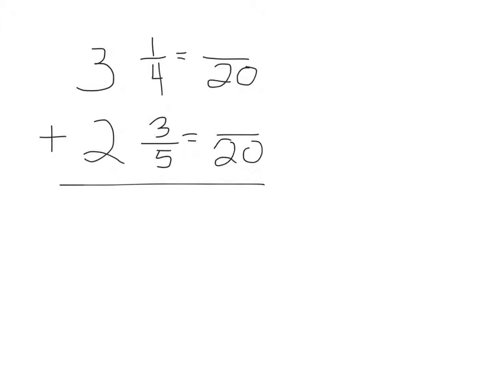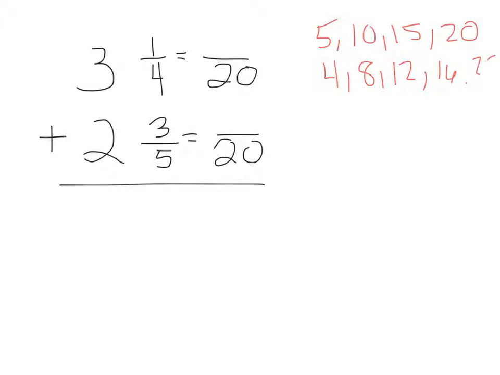It would be best if we could find the smallest common denominator, and one way you could do that would be to start with your largest denominator, 5, and start writing out the multiples of 5. 5, 10, 15, 20. Maybe write the first 5 multiples of the largest denominator, and then check to see if there are any smaller numbers, smaller than 20, that 4 also goes into. If you wrote down your multiples of 4, you get 4, 8, 12, 16, 20.